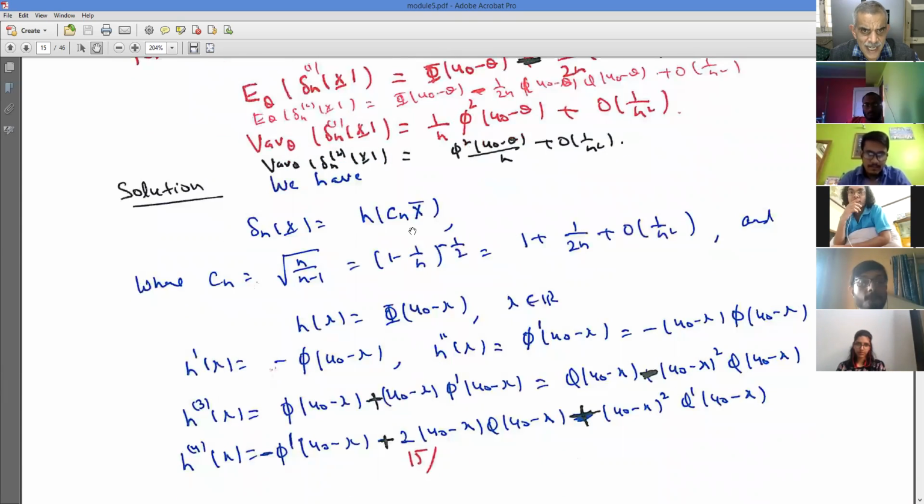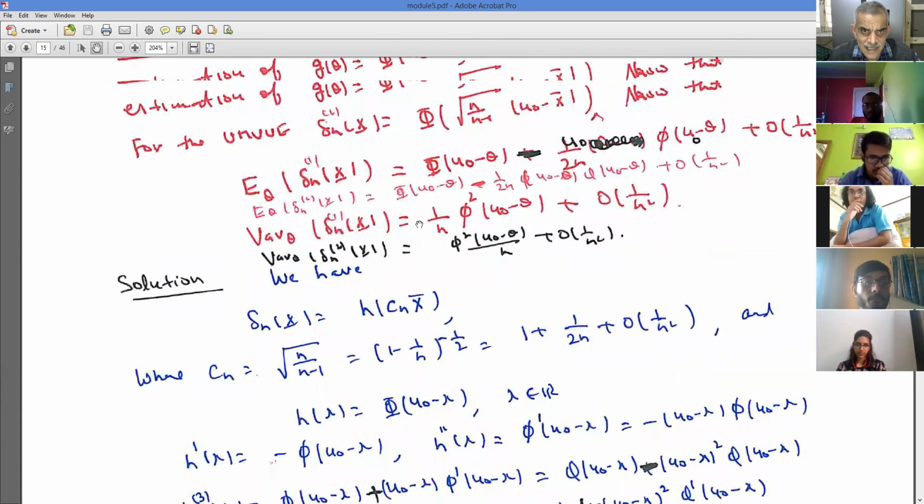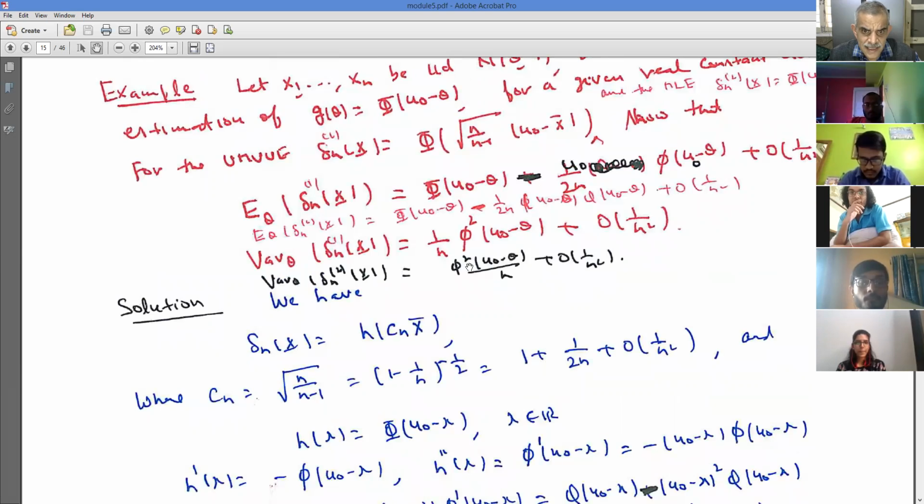So for example, let us look at delta n x, which is Cn times x bar. It is not Cn times x bar. One of you asked this question in the forum; Gauri has asked. You write this as h of T bar, where Ti is nothing but u naught minus xi.